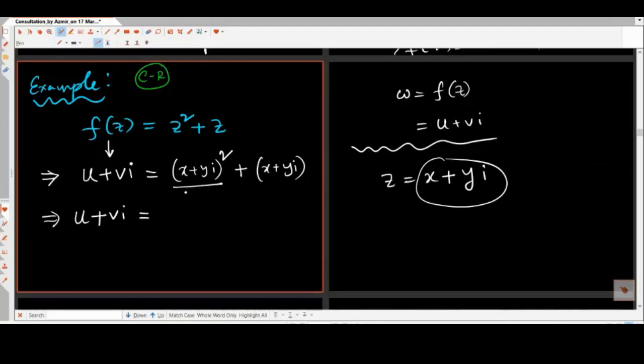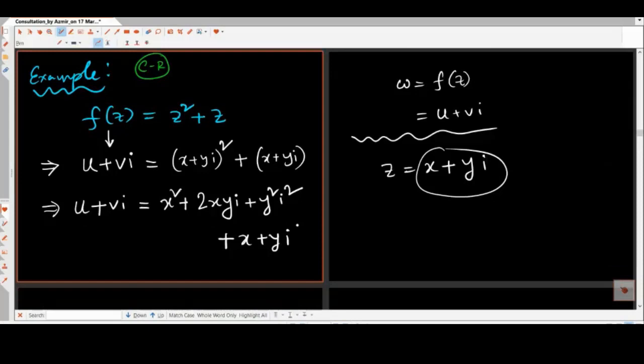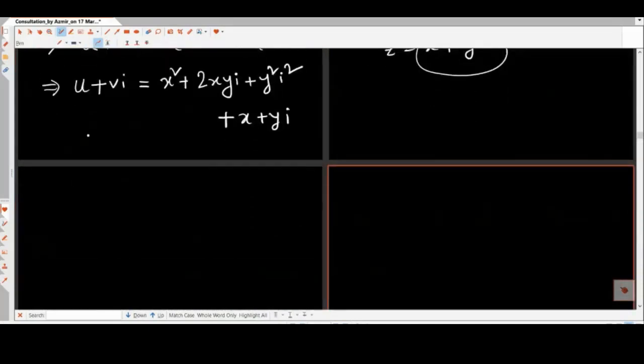So the first part is going with the a plus b whole squared formula. So that is x squared plus 2xyi plus y squared i squared. And we also have x plus yi. So now again we have u plus vi.